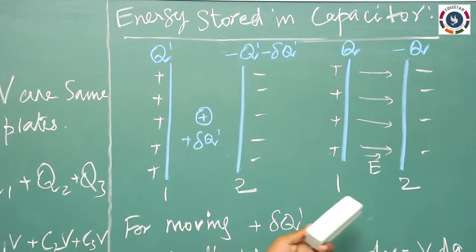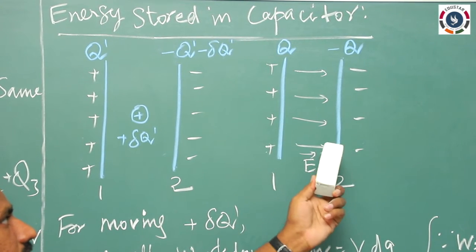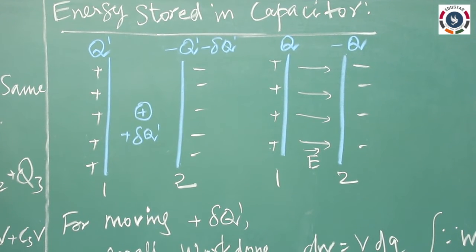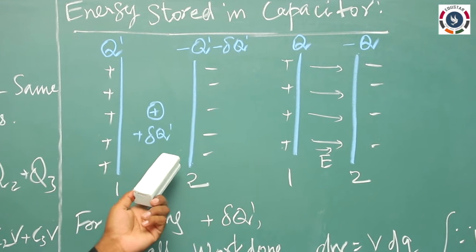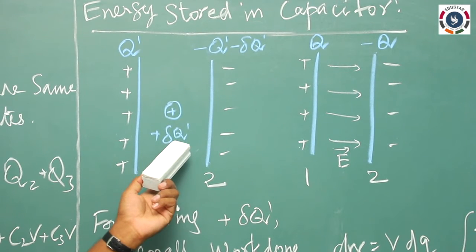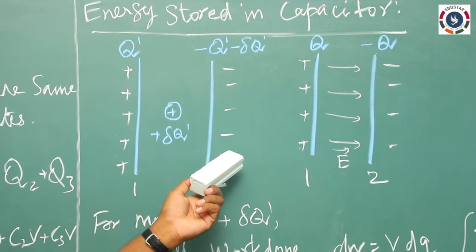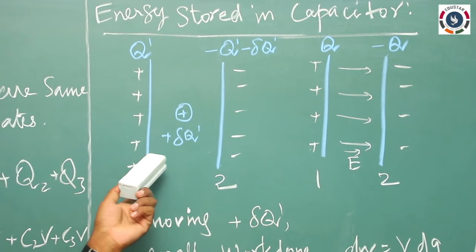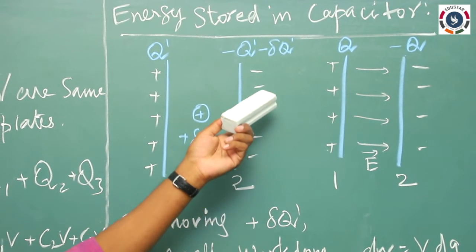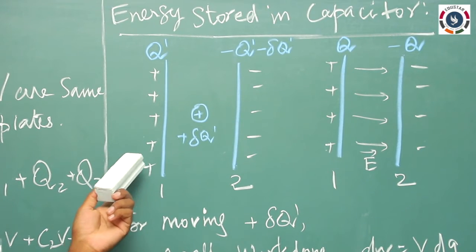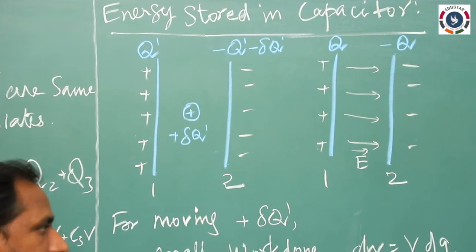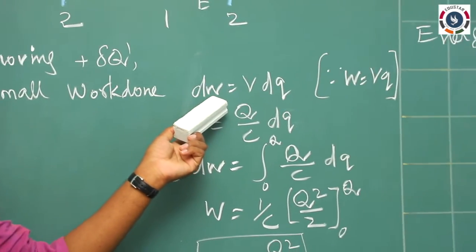So, finally, we can obtain the total charge on both plates. Initially a small work is done to move a small charge from plate 2 to plate 1. Here a positive charge is moved from the negative plate to the positive plate. That small work done is taken as dW.